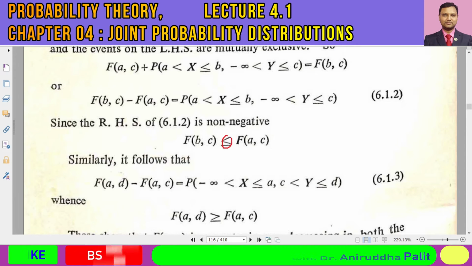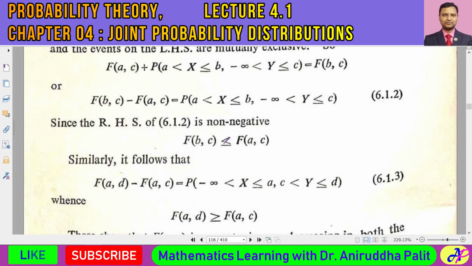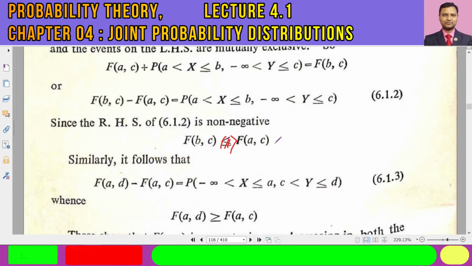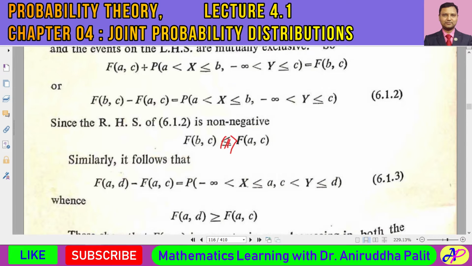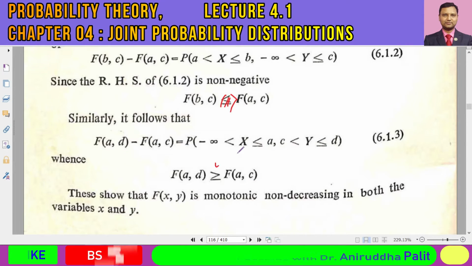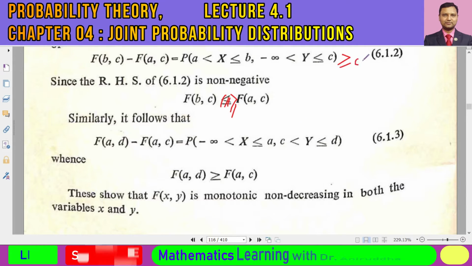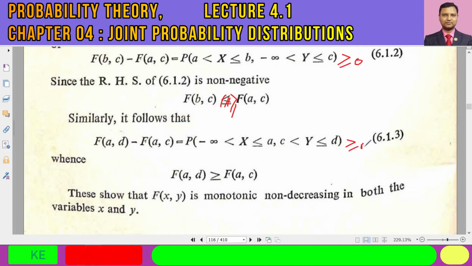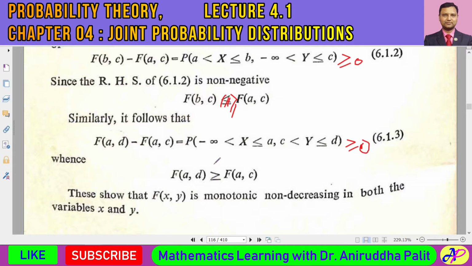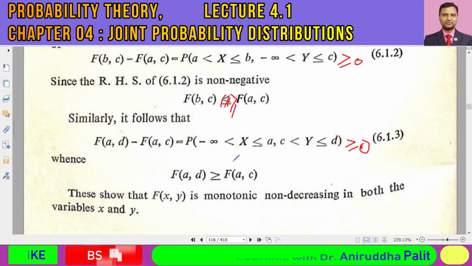Be a bit careful. It would be a greater than symbol. This second part is correctly written. The greater than or equal to sign may appear because this probability is greater than or equal to 0. Similarly, this one is also greater than or equal to 0. That's why this kind of inequality comes.